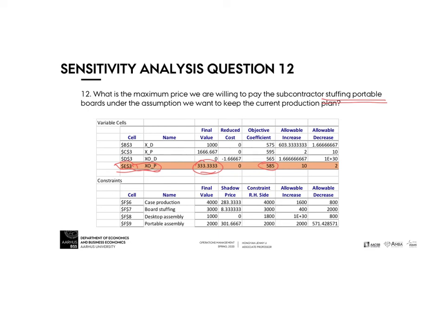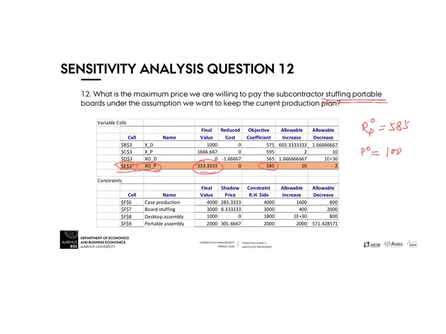If you remember, the contribution margin for the portable products, outsourced, is 585, and the price you pay to the subcontractor, let's call it PO, is 100.